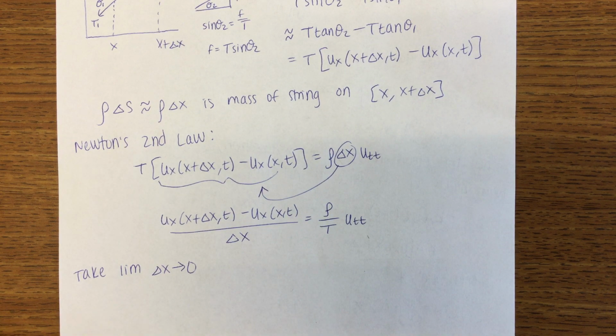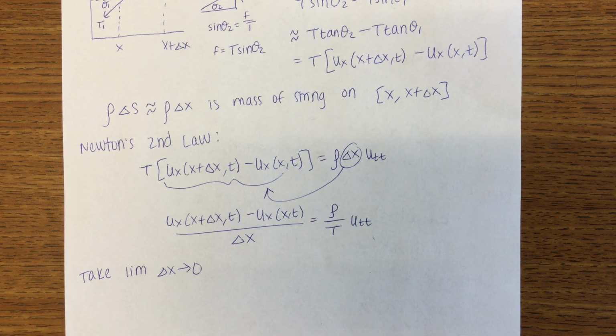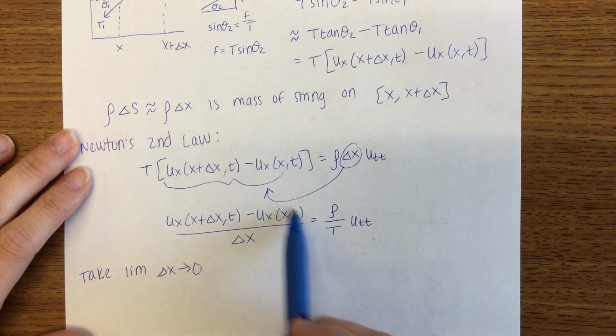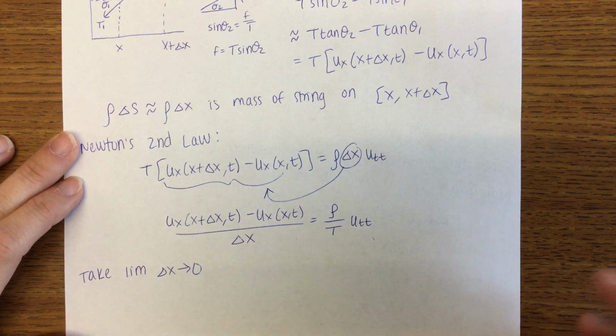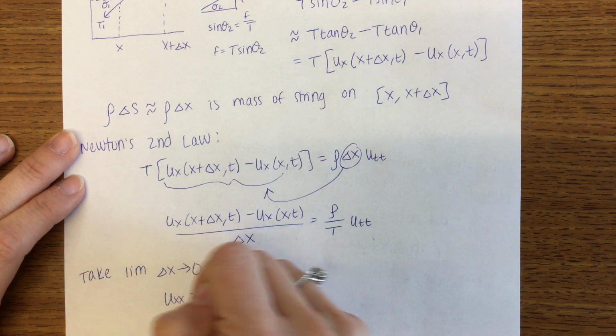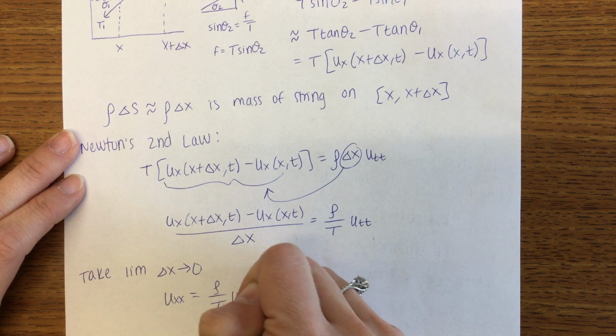As before, we want the portion of the string that we're looking at to be pretty narrow. So we're going to take the limit as delta x approaches 0. If we do that, what does this side become? u_xx, so the second derivative of u with respect to x. Right side stays the same.